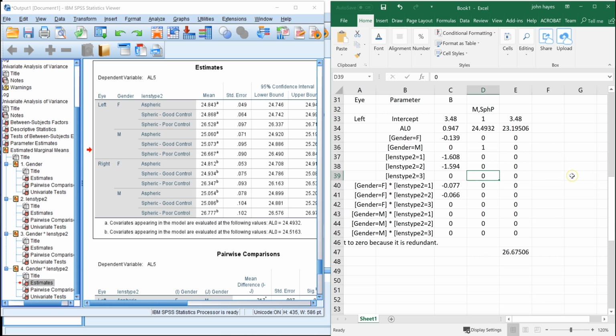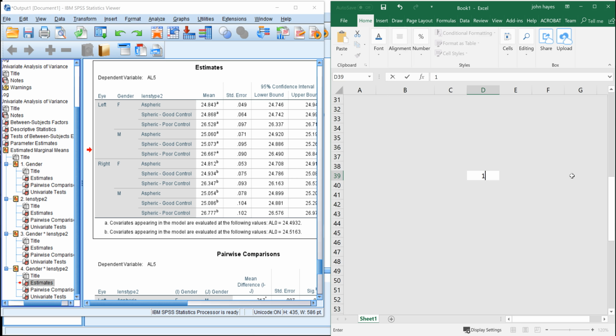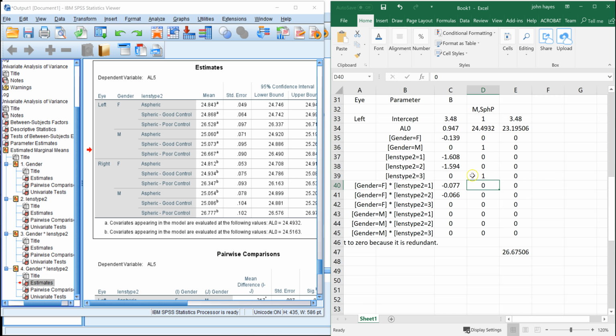And we are at lens type 3, spherical poor, but it's also 0 because it's 1 times 0. So in this case, none of these fit because they're only female, all the males are 0s. So we look here and we have a mean of 26.67. So this is male spherical poor, 26.67. Pretty close. And that's how you do that.